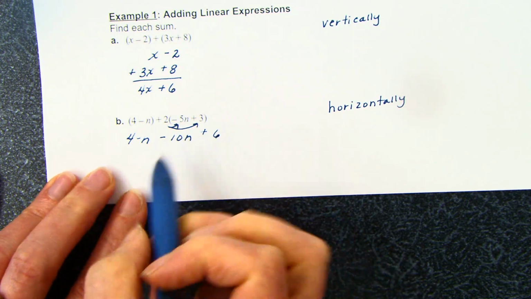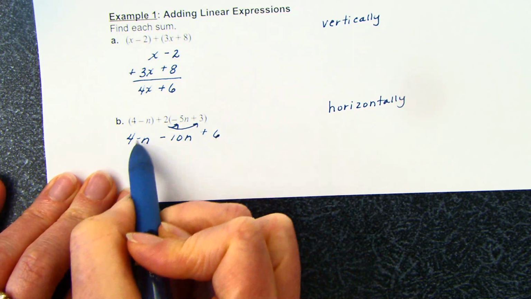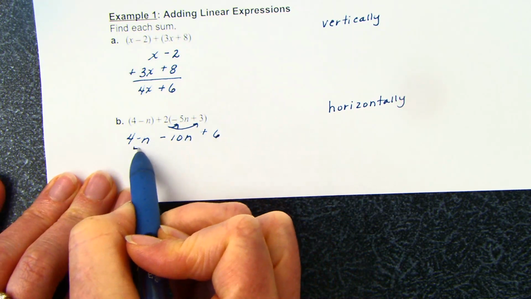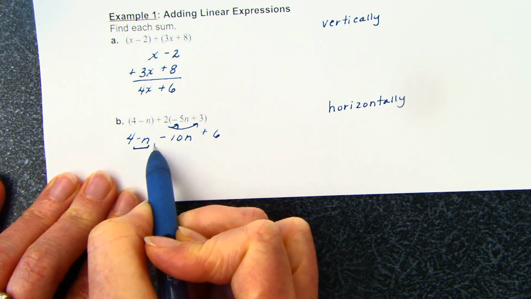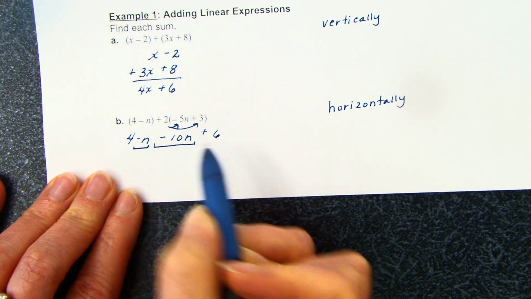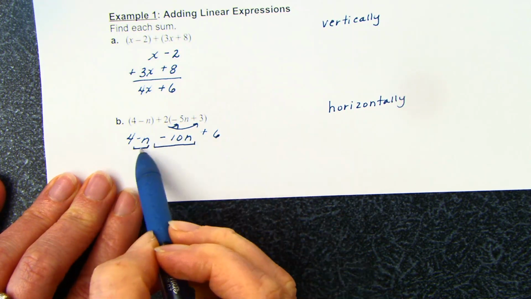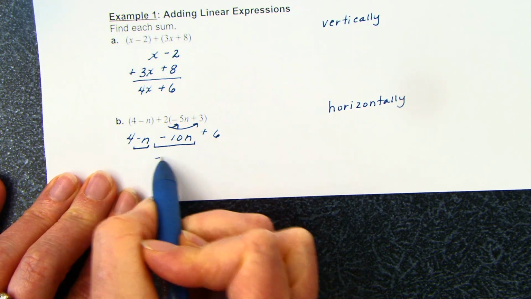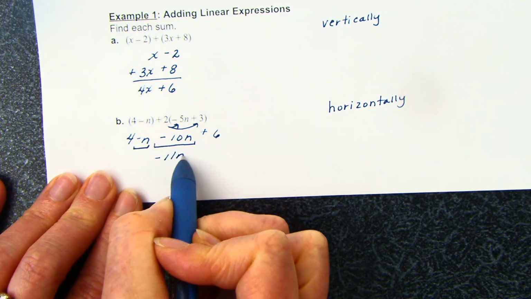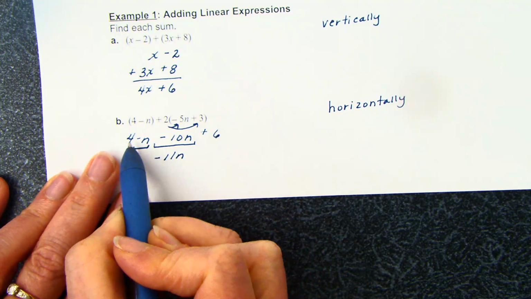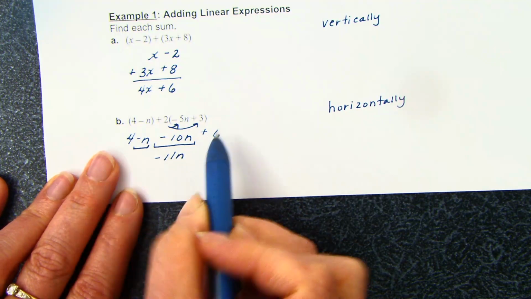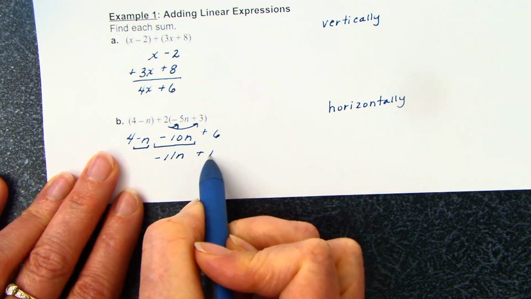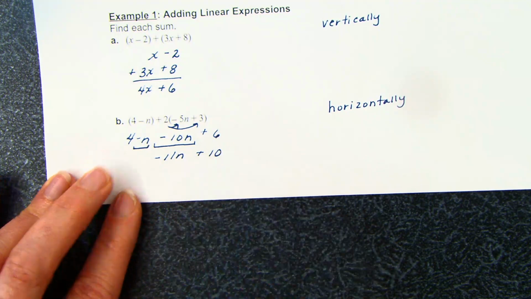And then I can combine my like terms. This is a negative n, and this is a negative 10n. So if I have negative n plus negative 10n, I will have negative 11n. And then I have a positive 4 plus a positive 6 is positive 10.